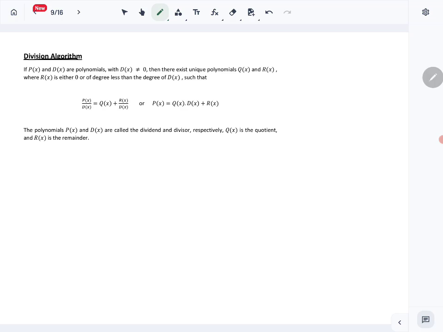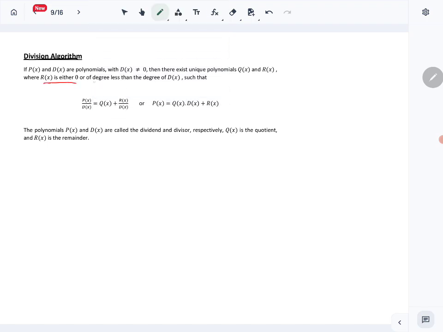Very important topic. So here p(x) and d(x) are polynomials. d(x) is our divisor, which cannot be 0. Then there exist two polynomials, q(x), which is the quotient, and r(x), which is the remainder. r(x) has a special condition. Remember this. This is very important.